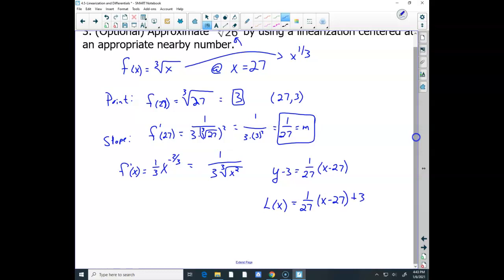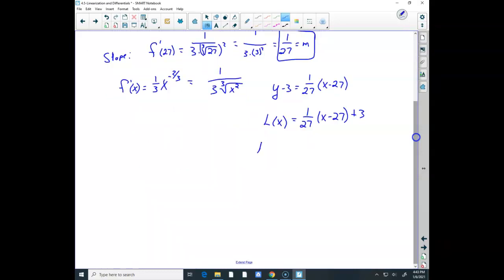Then what I would do next is approximate what 26 is, because 26 minus 27 is going to make an easy calculation, which is 1/27 times -1 plus 3. Well, that's negative 1/27 plus 3, so that's 2 and 26/27ths. That's what L of 26 would equal.